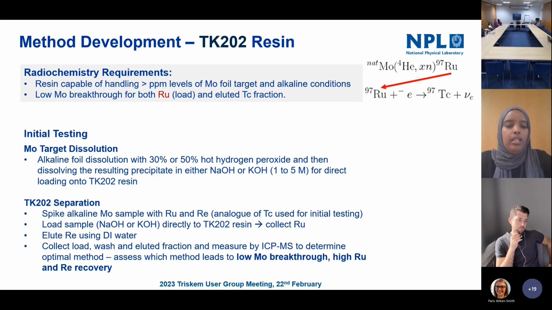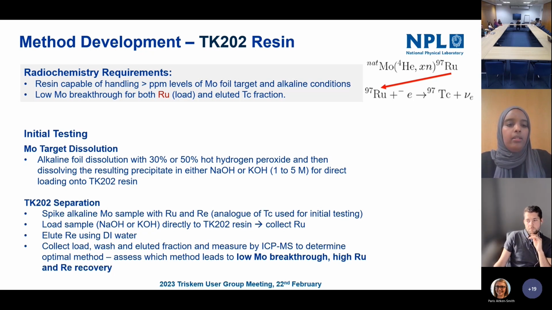So we looked at loading our sample under alkaline conditions, because to be able to dissolve the target, the most suited method is to do it with low percentage volumes of hydrogen peroxide.